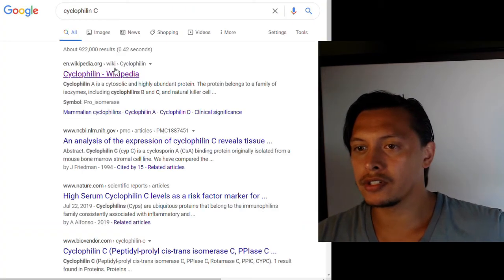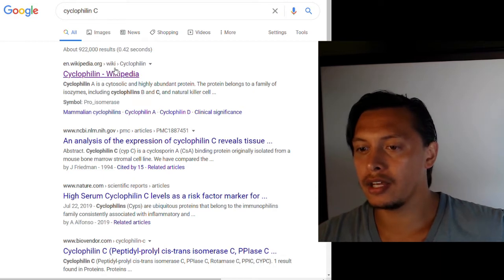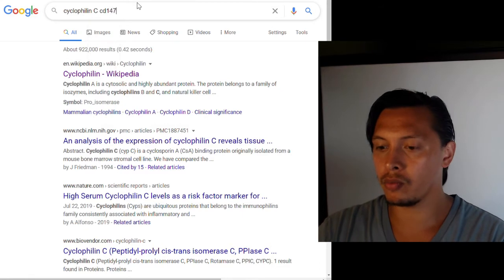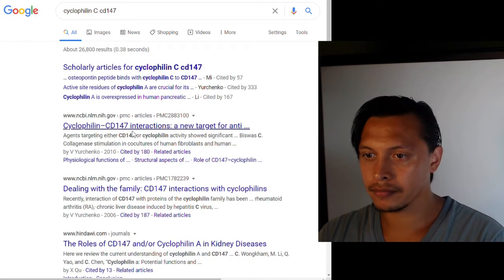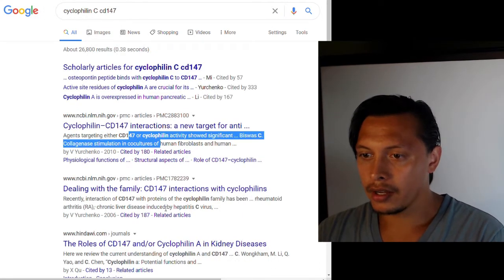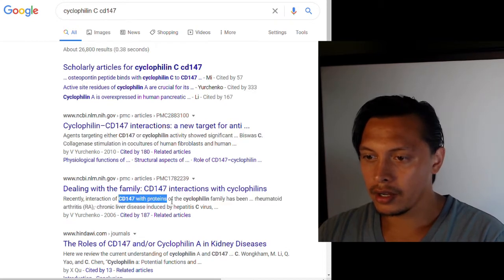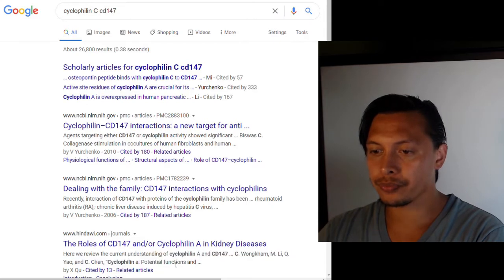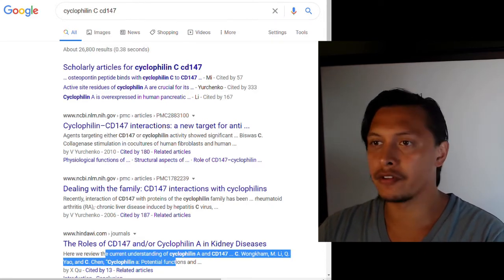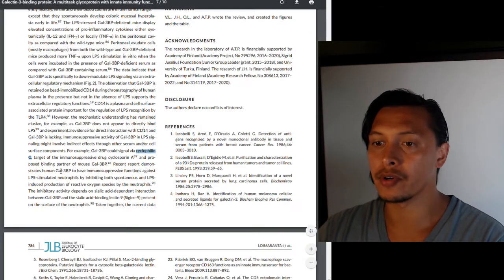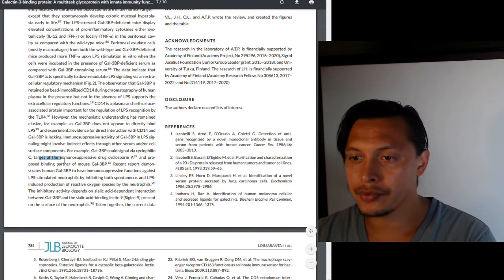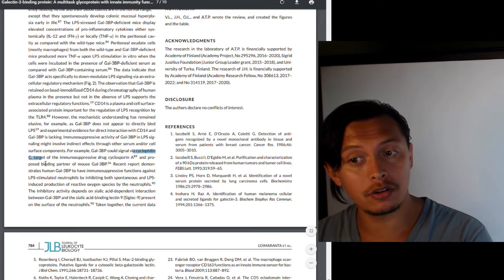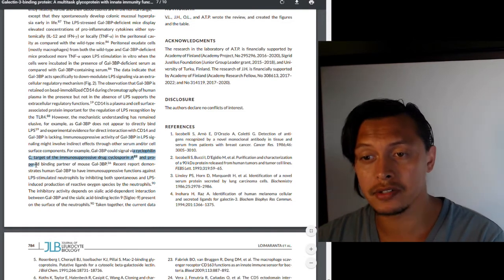One of the cyclophilins interacts with the CD147. So let me check CD147. Yeah, it's cyclophilin A, not cyclophilin C, that interacts with CD147. So sorry about that, dead end. But maybe, I mean, they are conserved, so there might be some crossover there.